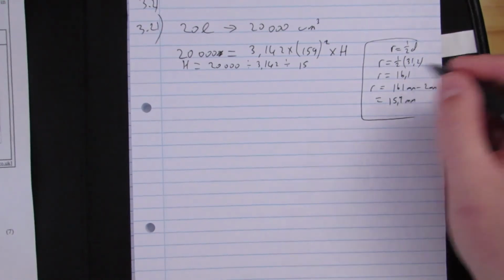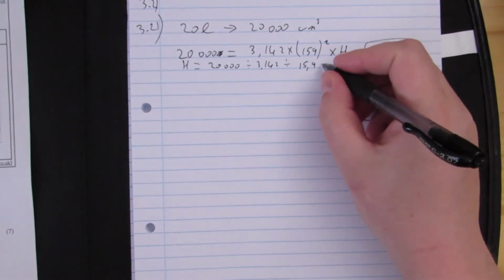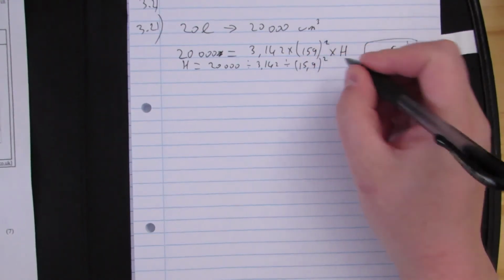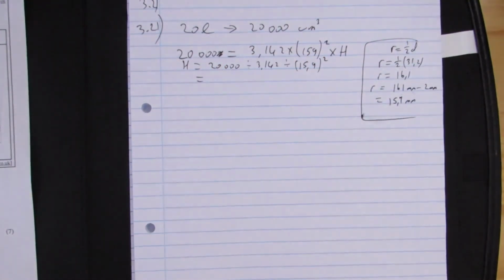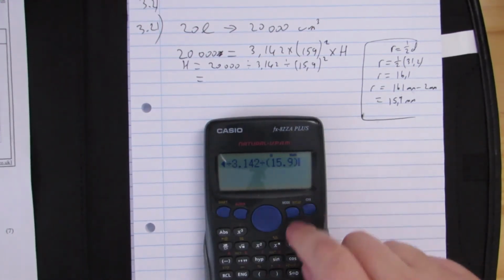So it should be 15.9, all squared. Okay, so 20,000 divided by 3.142 divided by, I use my brackets, 15.9 squared.